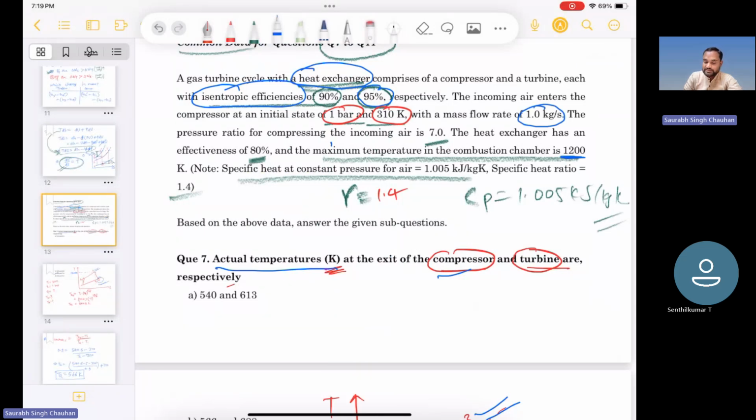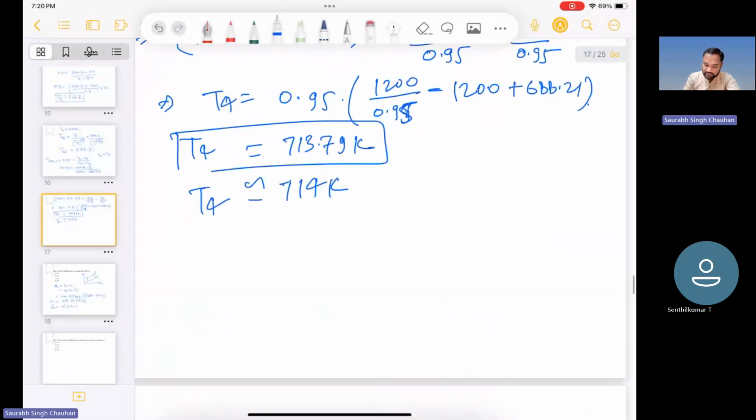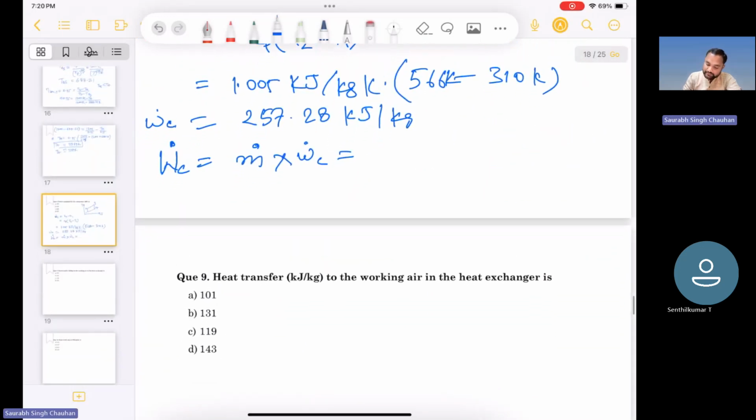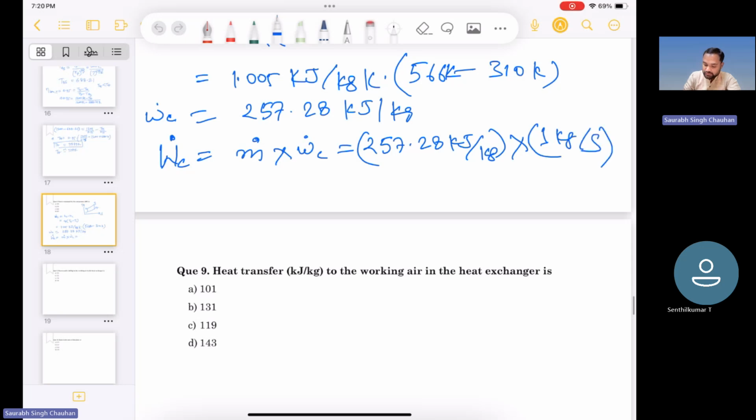So 257.28 kilojoule per kg times 1 kilogram per second, you'll get 257.28 kilojoule per second.